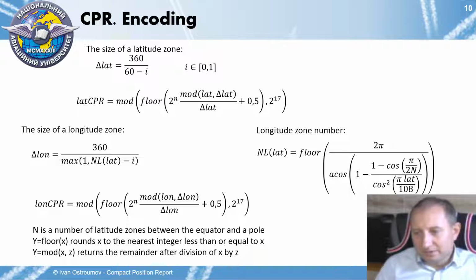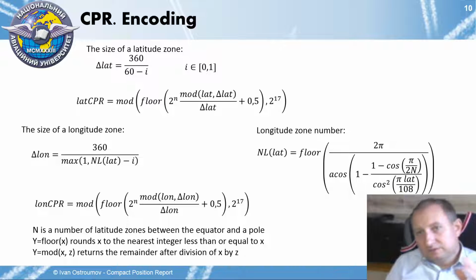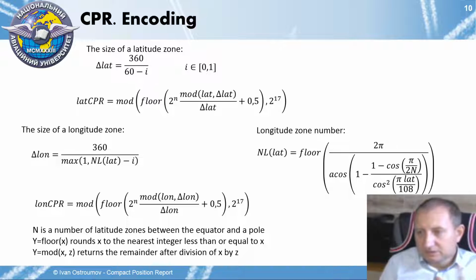Another important advantage of CPR is that it is automatically tuned to the number of bits which we have. That's why if we have, for example, 16 or 17 bits, however our coordinates, latitude and longitude, are much more precise, for example, we have 9 digits after the point in latitude or longitude, it doesn't matter.